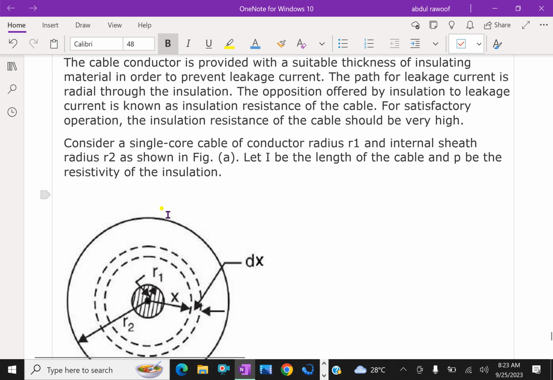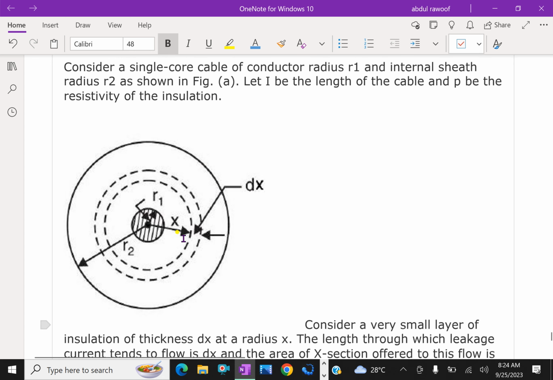Consider a single core cable conductor of radius R1, this is the core, and an internal sheath of radius R2, as shown in the figure. Let L be the length of the cable and rho be the resistivity of the insulation. Here we are considering a cross section of the core wire and insulation.